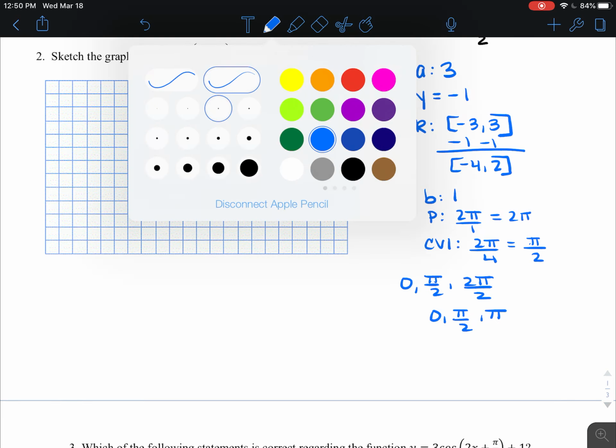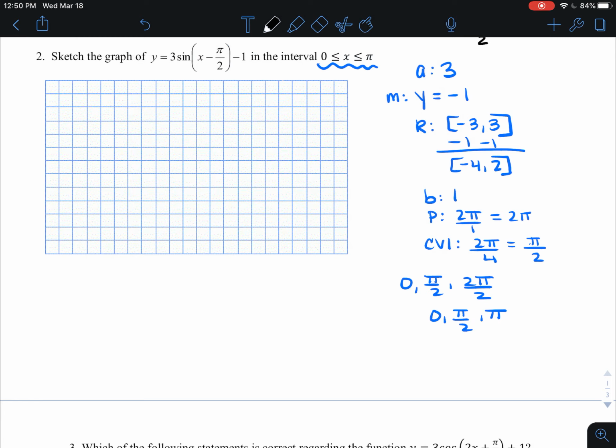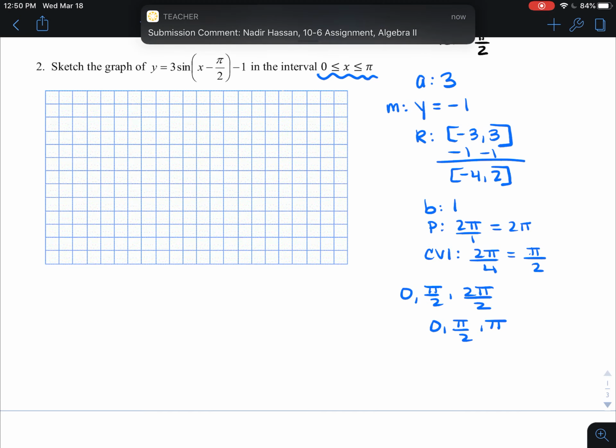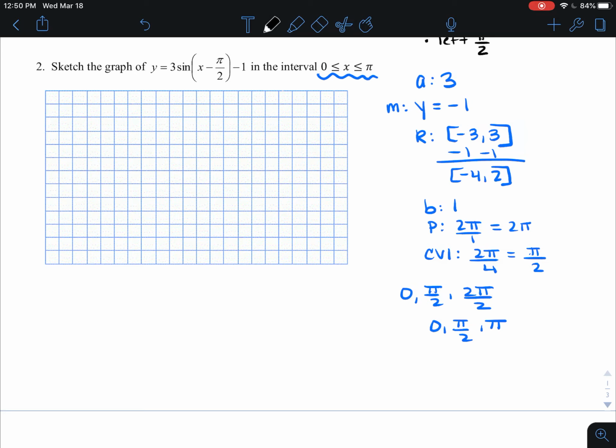Now, before we move on from here, we want to think about where we put our axes. If we're plotting all positive values for x, and the horizontal shift is going right, I don't even have to think about going to the left of the y-axis on the negative side for x just to think about my horizontal shift.